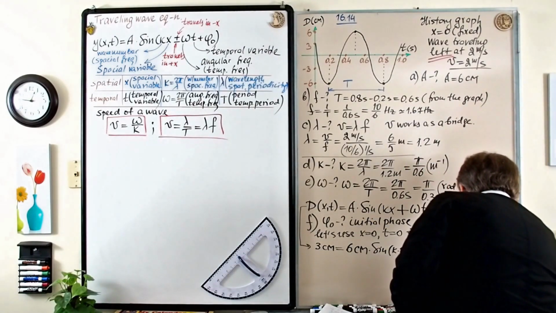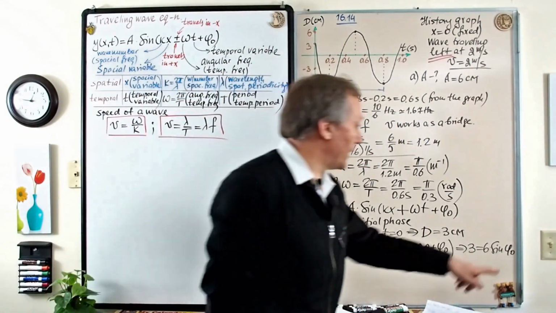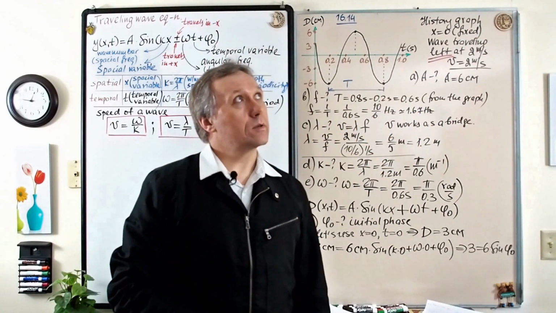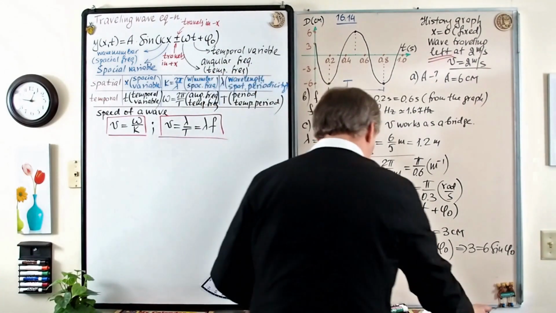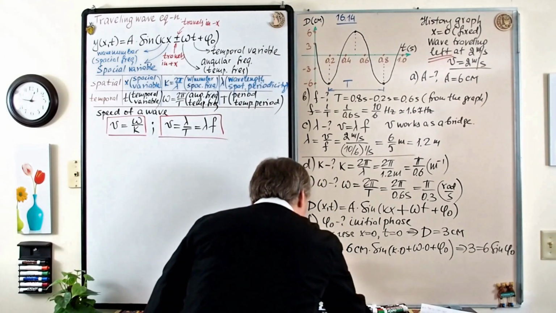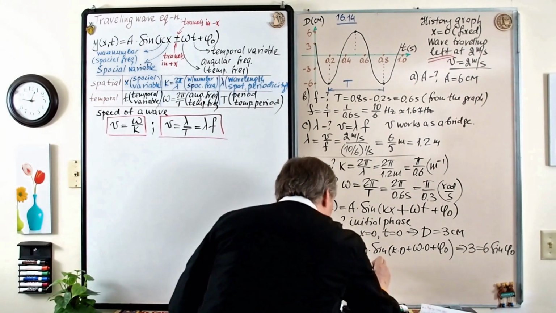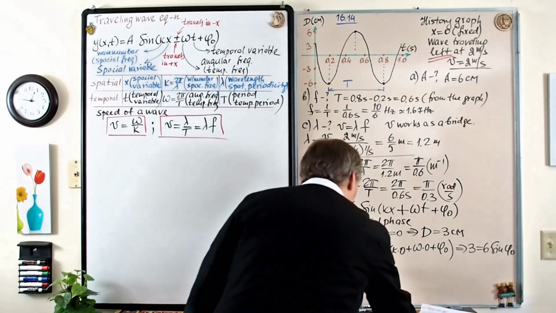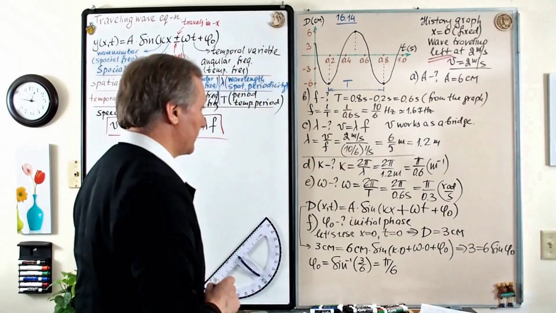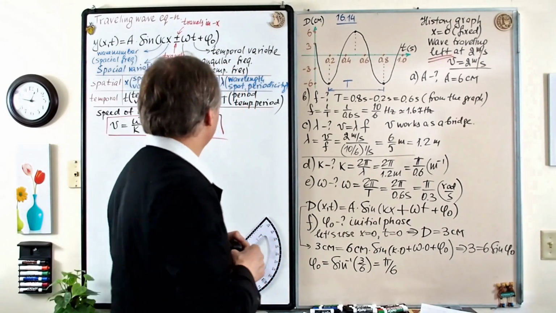So 3 equals 6 times sine of phi naught. Phi naught equals arc sine of 1/2, which is pi/6. Okay, let me write this down. So as a result, phi naught equals inverse sine of 3/6. Okay, in radians, pi/6 radians. Okay, so at this point we can write down the equation, right?